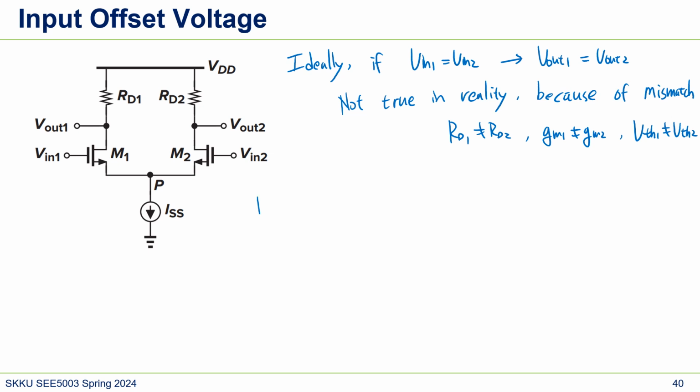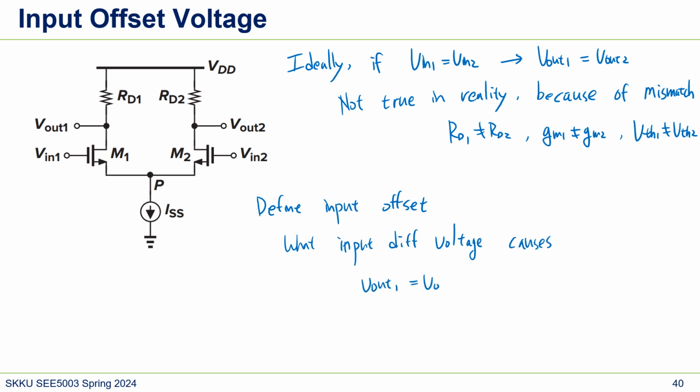So we define input offset as the input difference voltage that causes Vout1 equal Vout2.